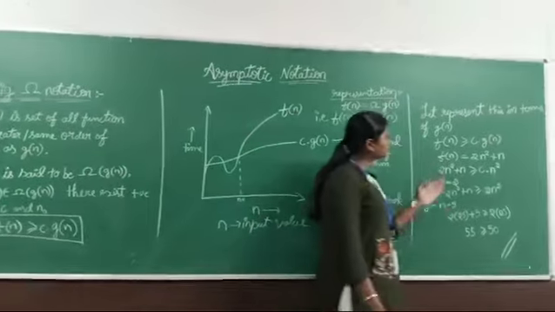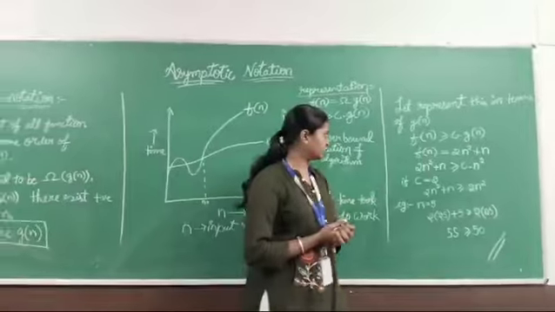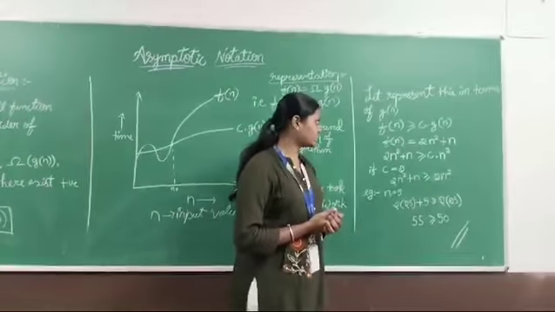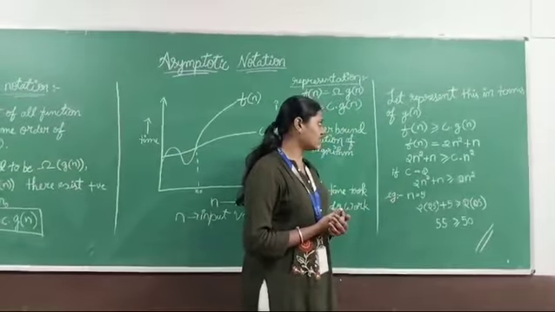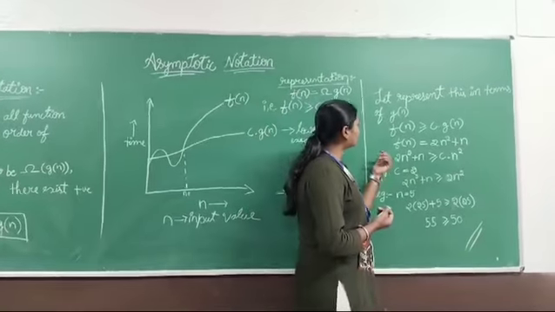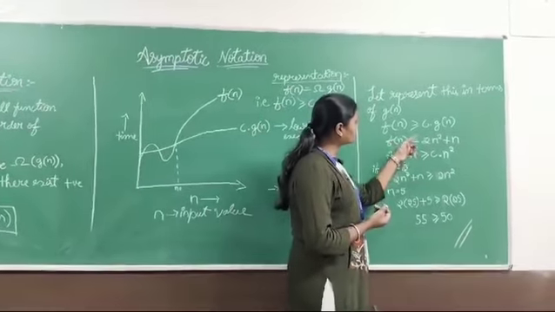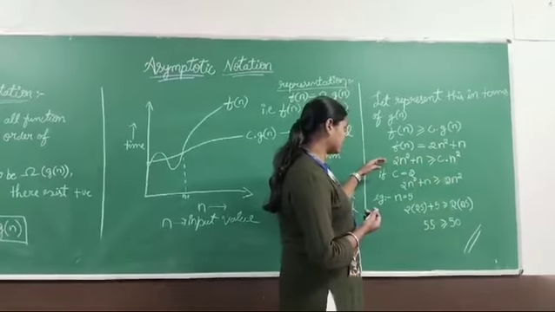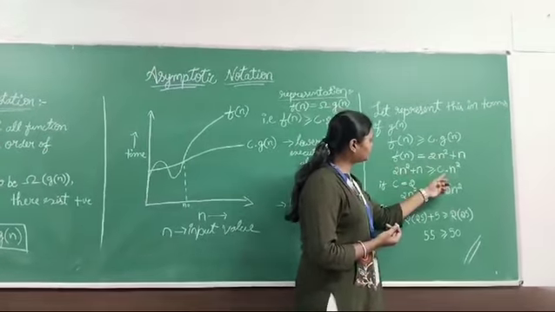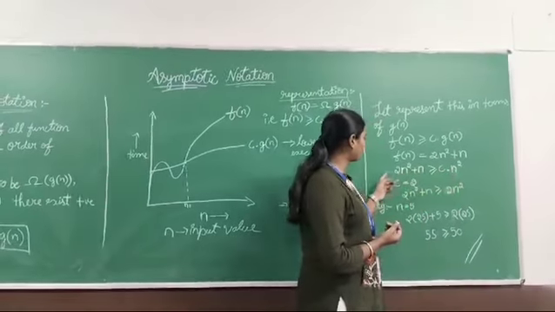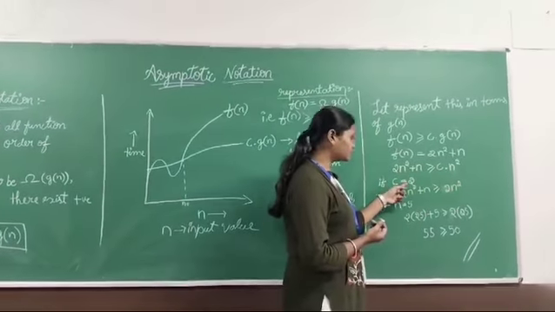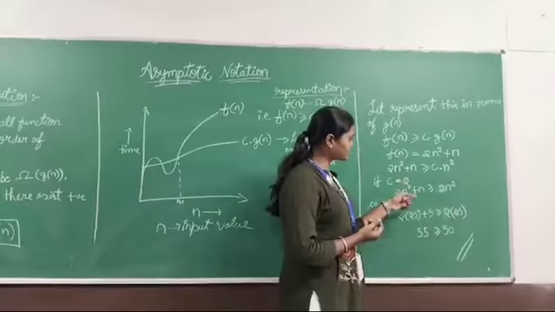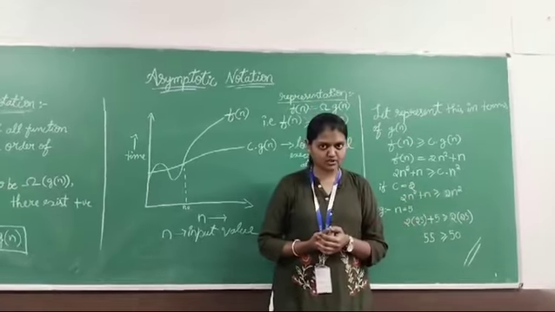Let us represent this in terms of g of n. f of n is always greater than or equal to c into g of n. Just consider this as an example: f of n is equal to 2n squared plus n, and g of n means n squared. If c is equal to 2, then 2n squared plus n is greater than or equal to 2n squared.